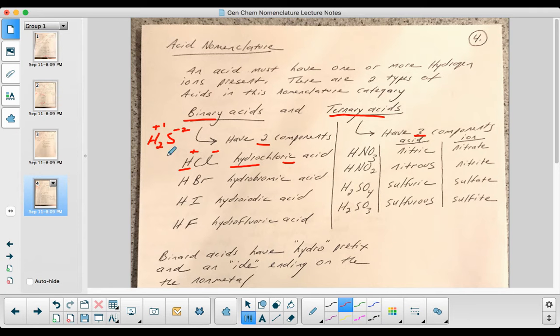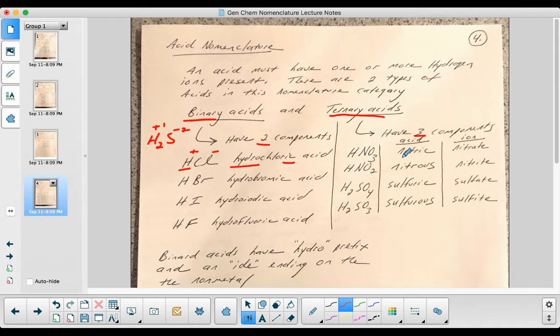That's why that formula is H2S. And so the reason that you're always going to have this hydro prefix, ic suffix, is to indicate that you have a binary acid.